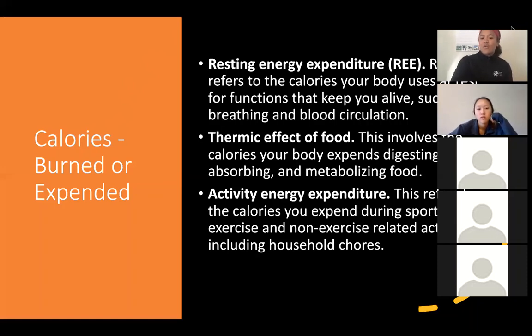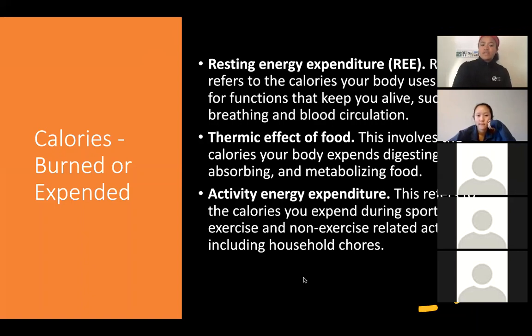These are the calories that we need. And then if you go down to the third one, you see active energy expenditure. This refers to the calories you expend during sports. When we exercise, these are the calories that we need to get that extra energy to do those physical activities. So that's a little breakdown of each way we can use calories in our bodies.